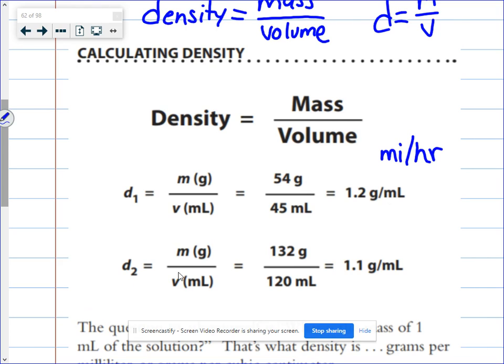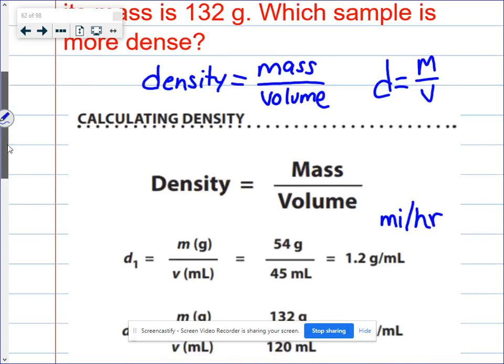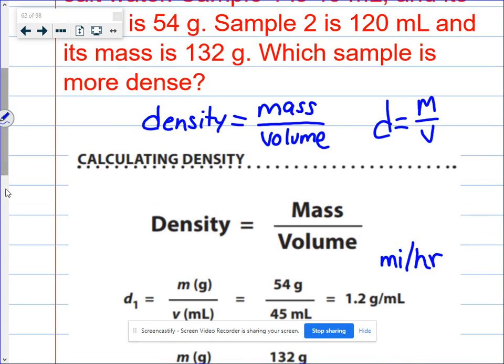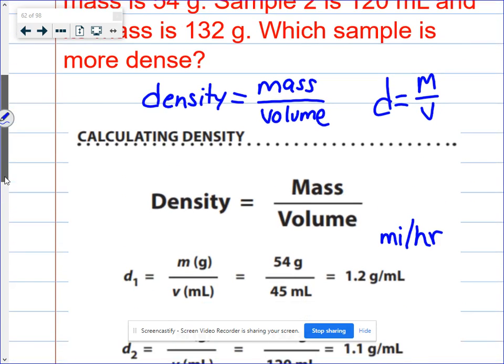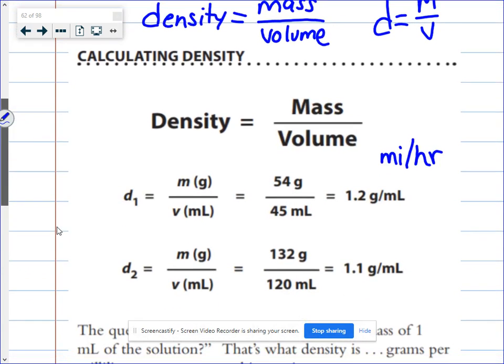Sample 2, if I take its mass, again looking at the problem, it said it was 132. Careful that you don't put 120. And divide that by 120 milliliters. Since I'm dividing these two, I get 1.1 grams per milliliter. So now, as you can see, there is a difference in density, even though it's small.